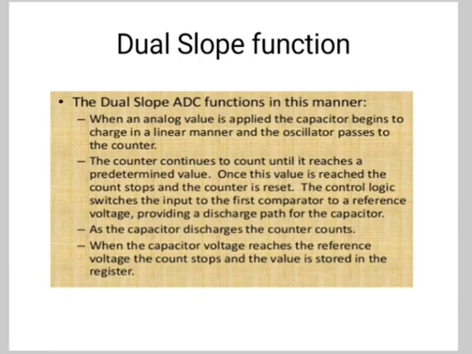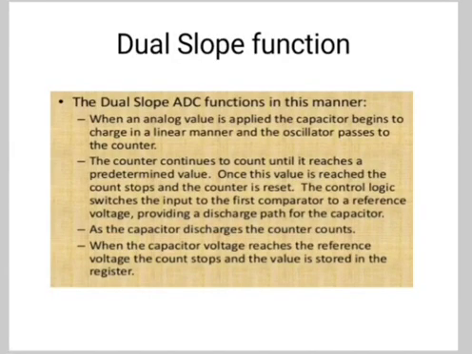The control logic switches the input to the first comparator to a reference voltage, providing a discharge path for the capacitor. As the capacitor discharges, the counter counts. When the capacitor voltage reaches the reference voltage, the count stops and the value is stored in the register.